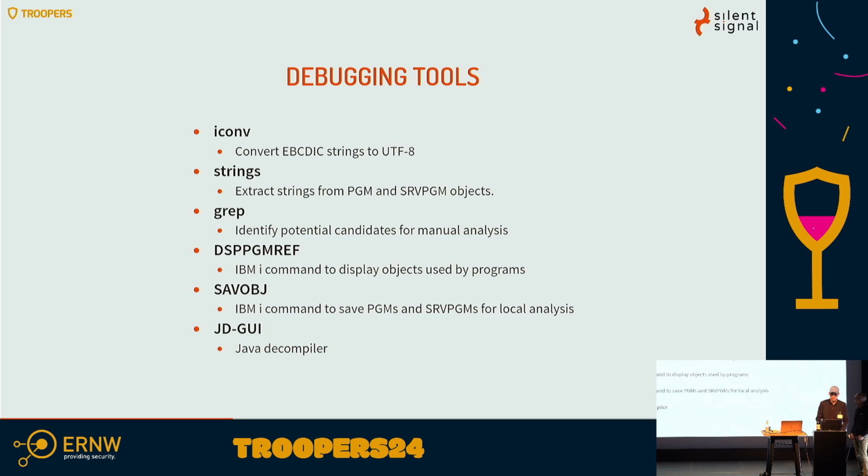The Display Program References CL command is used to verify the potential library list-based findings. Save Object is also an IBM i CL command, and I use it to save the PGM and SRVPGM objects for local analysis. And of course, I need a Java decompiler, and you will see why soon.